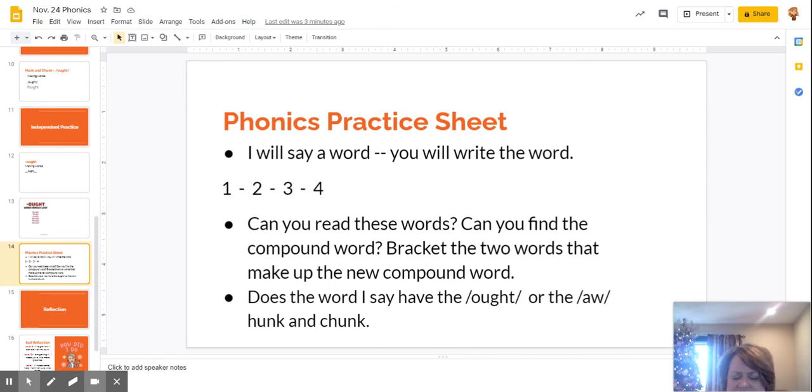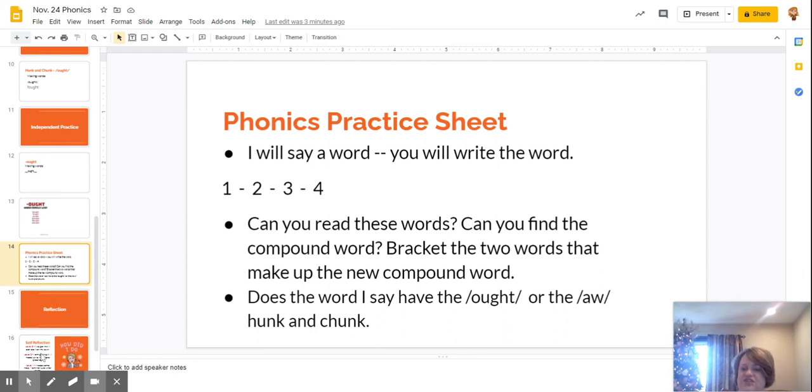And it says two words that make up the new compound word. So a bracket for the first word, a bracket for the second. And then does the word I say at the bottom have the ought or the aw sound? So you can listen to those words and decide yes or no, does it have ought? Or you could write the endings actually, O-U-G-H-T or A-W on there.